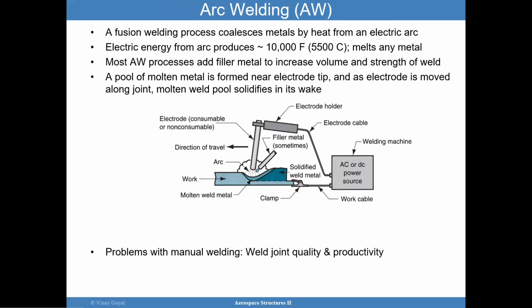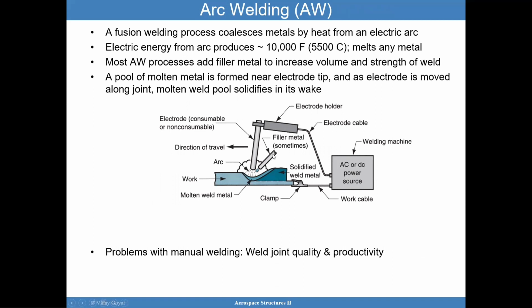Let's look at arc welding. So the fusion welding process usually coalesces materials by heat from an electric arc. Here's a picture of everything you need. You need a power, AC or DC power source. You need an electrode cable that's fed in, and an electrode holder here. And then here's a consumable or non-consumable electrode.